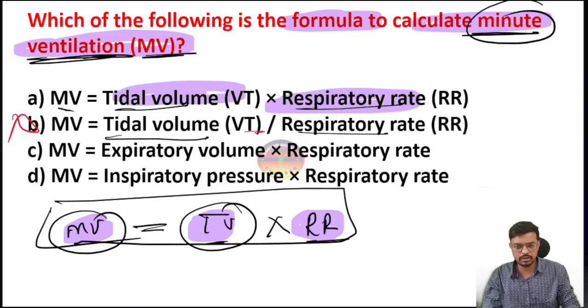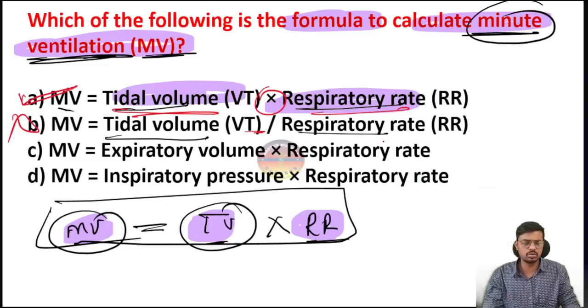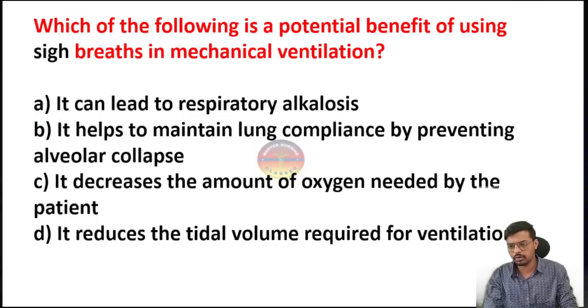It's not divided by, it's a multiplication between the tidal volume and the respiration rate, which gives us the minute ventilation. The rest of the options are just given for distraction, so don't take them seriously. Take option A: minute ventilation is equal to tidal volume into respiration rate, not divided by. This is very important for all of you.